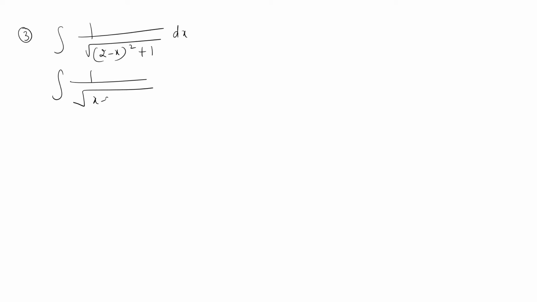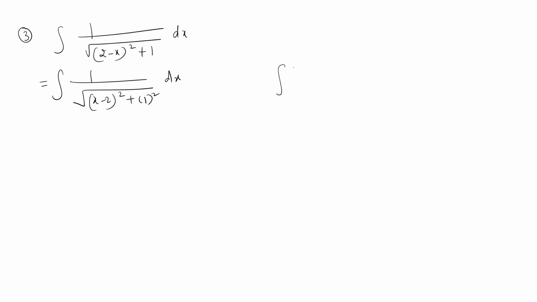Look at question number 3. This says integral 1 upon under root of 2 minus x whole square plus 1 dx. Can I write it as under root of x minus 2 whole square plus 1 square? Isn't it?